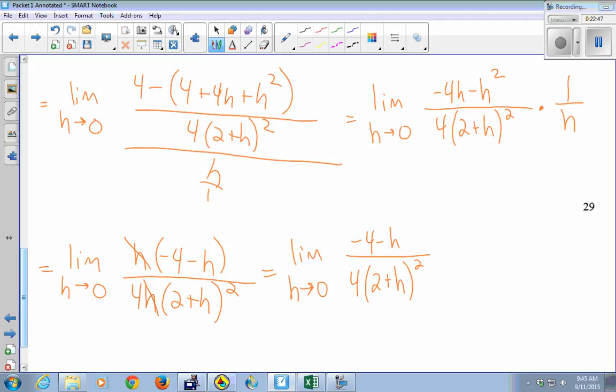And now that I canceled those h's, what happens if I try to plug in 0 for h? I get a negative 4 on top, right? And on the bottom, if h is 0, I get 2 squared, which is 4 times 4 is 16. No more issues with 0 over 0, right? I can just plug in my 0 now. And that is negative 1/4.